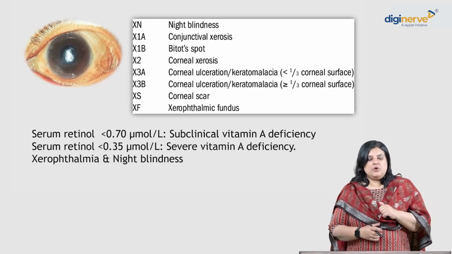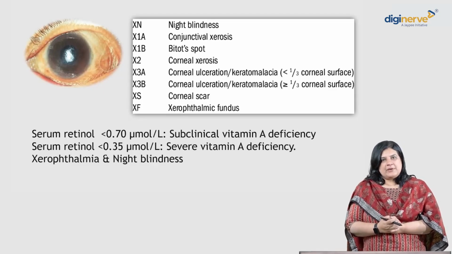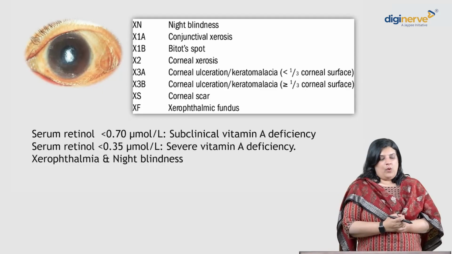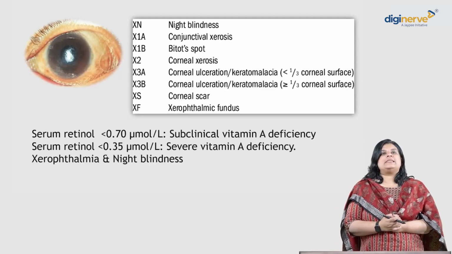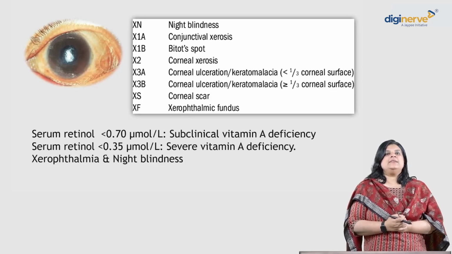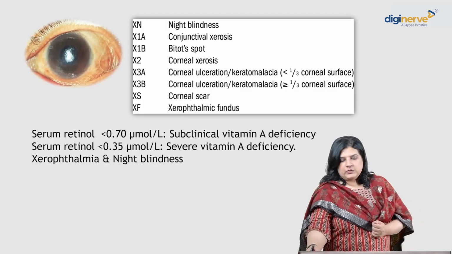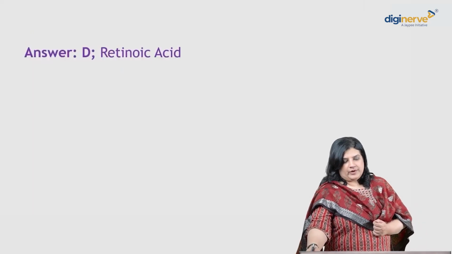Serum retinol less than 0.70 micromoles per liter will lead to a subclinical vitamin A deficiency, while serum retinol levels of less than 0.05 micromoles per liter would result in a severe vitamin A deficiency. Xerophthalmia and night blindness follow if the levels are lower.